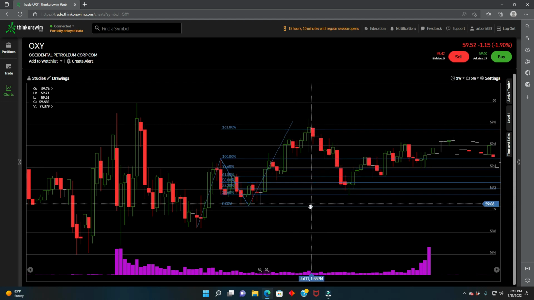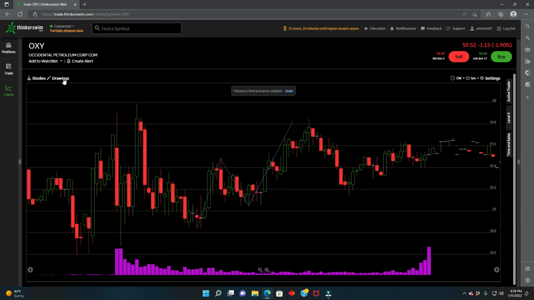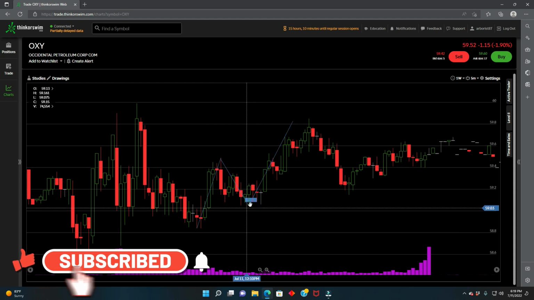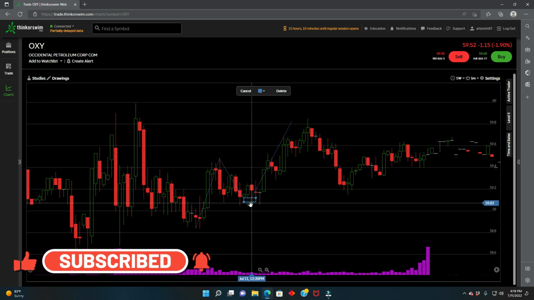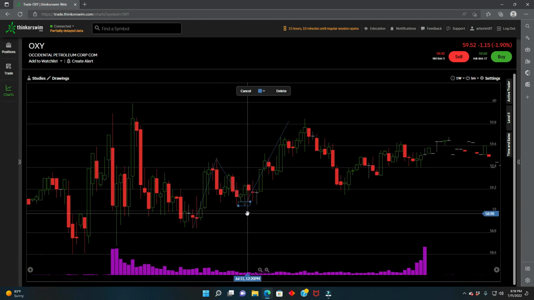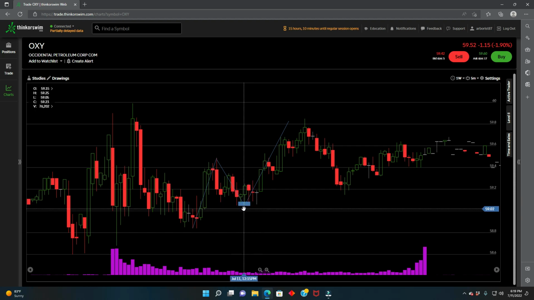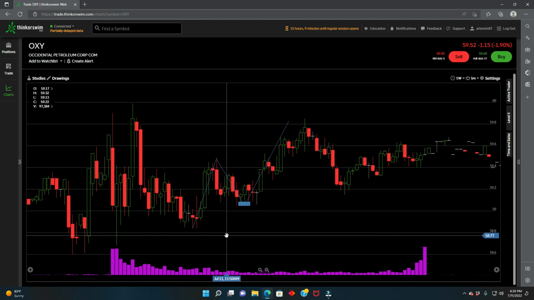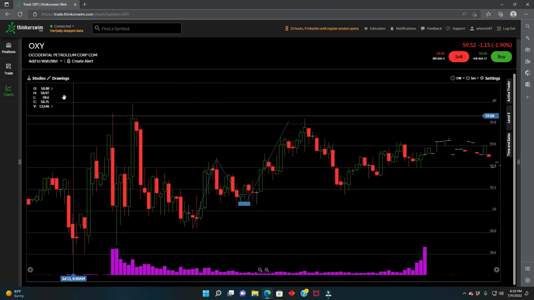But here are a few rules that are pretty important. When you're mapping out your point C, which is where ideally you would like to buy, in this region here, the rule for point C is it cannot be below point A, which is right here.